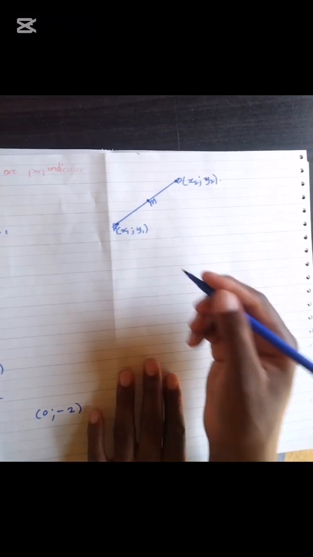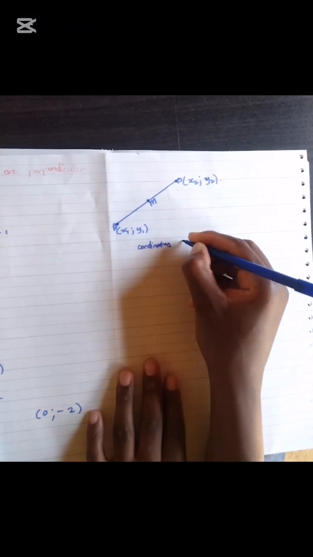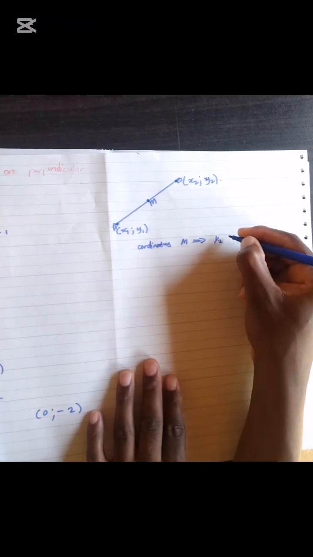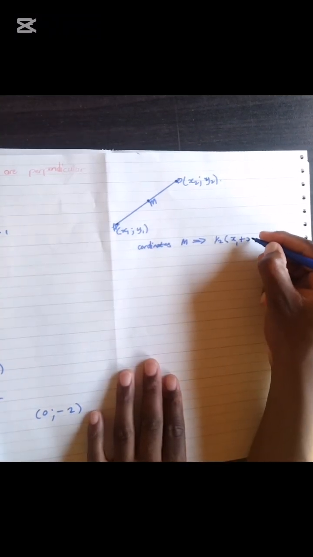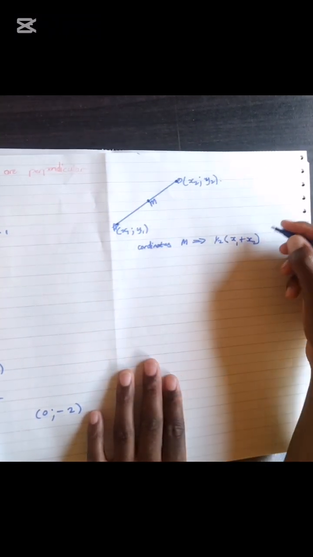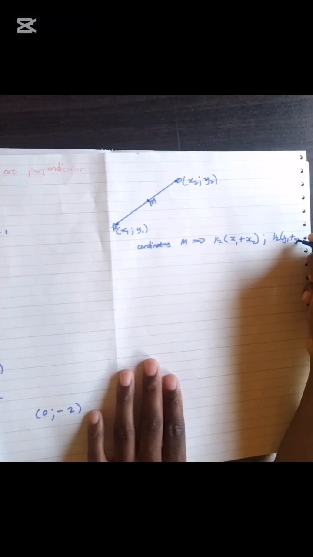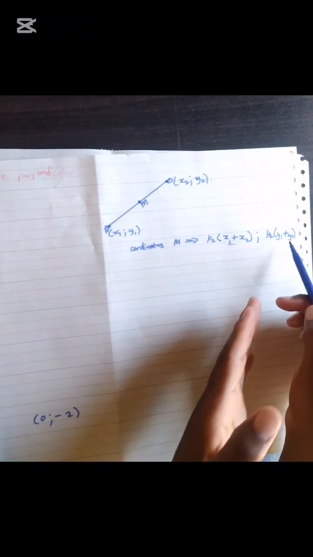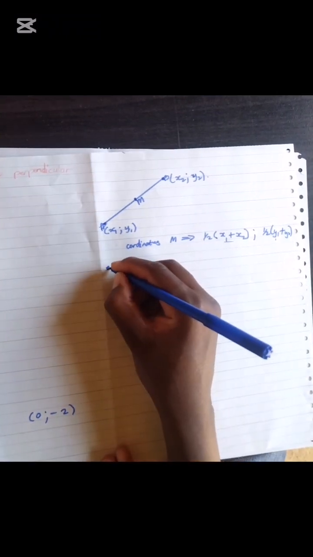So to find the coordinates of M, we say half x1 plus x2, then half y1 plus y2. The first answer will be the x coordinate, and the second will be the y coordinate.